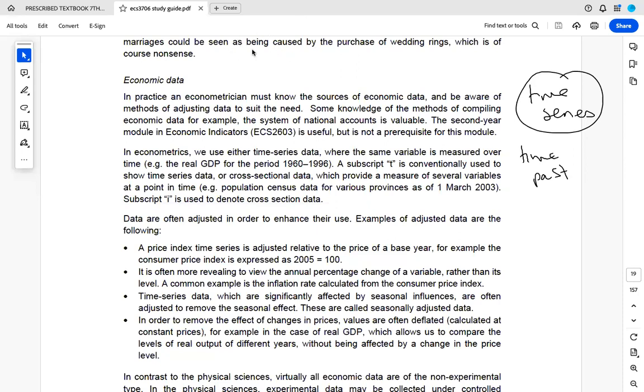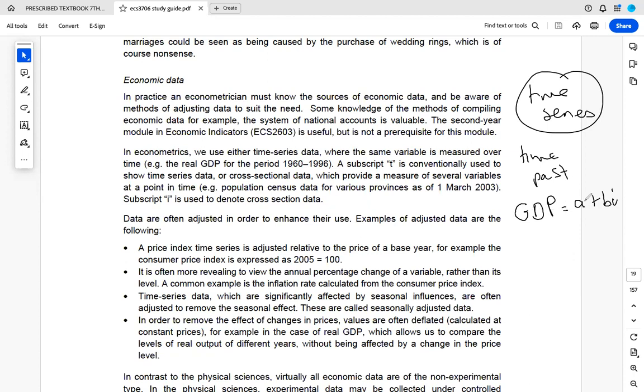For example, let's say we had an economic relationship where we said that GDP depends on a constant A plus B, maybe multiplied by the level of interest rates, right?